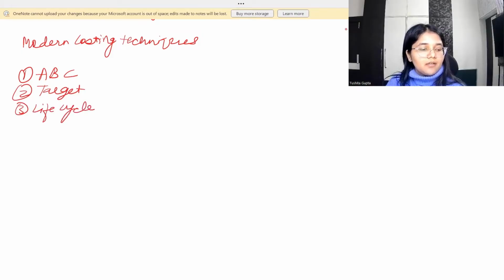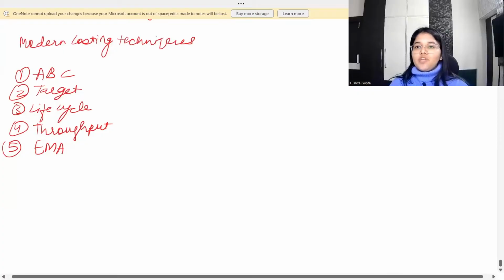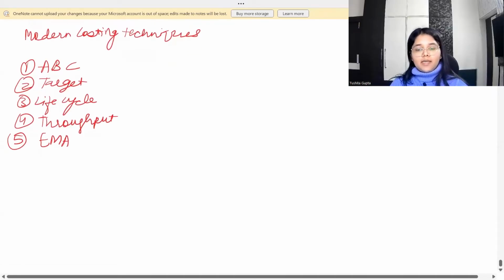You'll also learn about throughput accounting, and then there's definitely environmental management accounting. These are the modern costing techniques which are used in today's time, considering the changes in today's manufacturing environment.